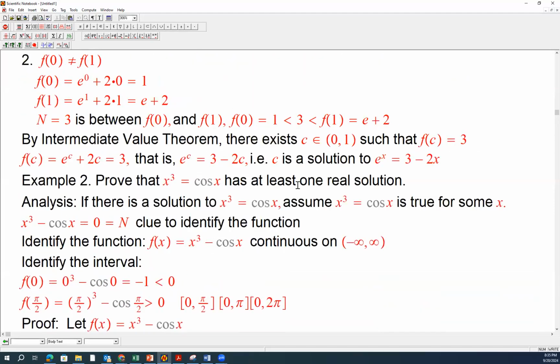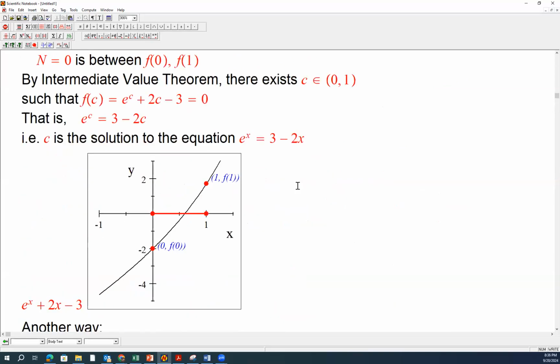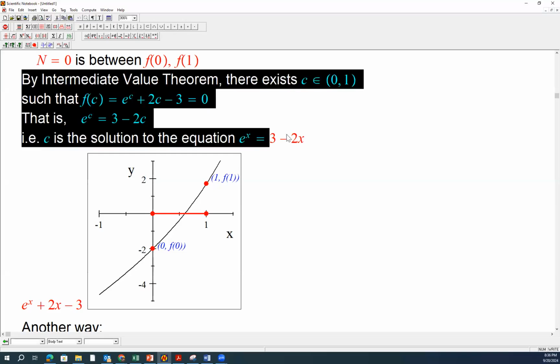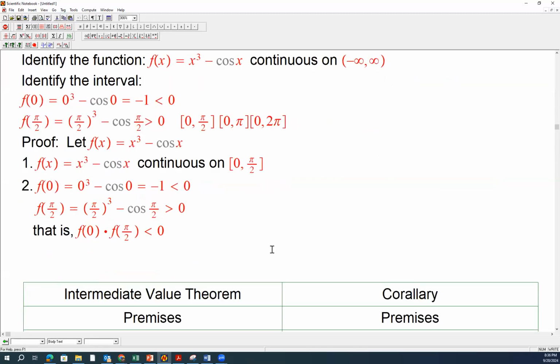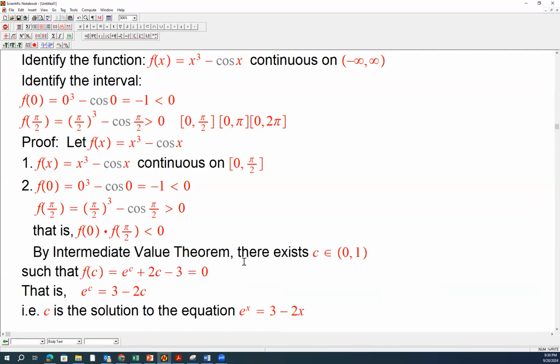And then you say the same thing that we said earlier. I'm going to do a little copy and paste to show you. You don't need to invent any language, but you should have these words in place, and every word is indispensable. Then you say, by the intermediate value theorem, there exists c in that interval, but this interval is from 0 to pi over 2.